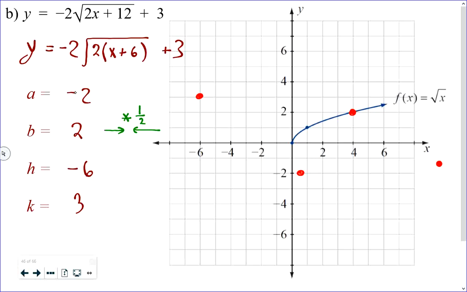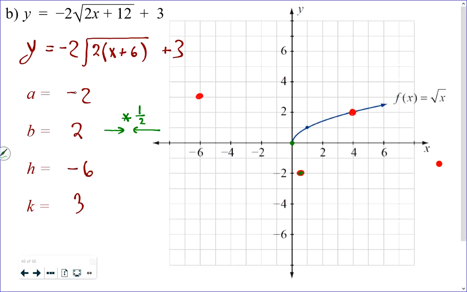I can move this point 6 to the left and 3 up, or I can look at the relation between these 2 points in terms of where they're located. And I can say that that second key point is half a unit to the right of the vertex and 2 down.